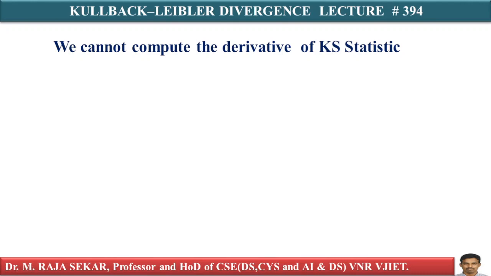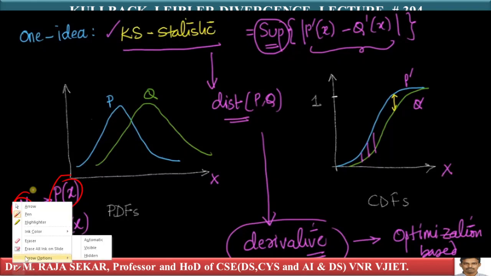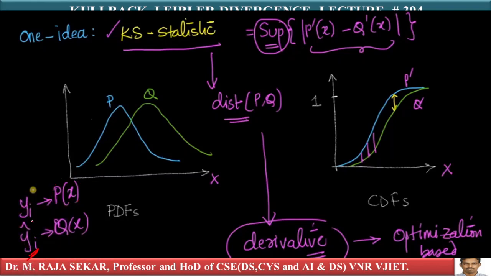Imagine if my model returns a PDF, imagine my yi is actually a PDF. Let me assume my yi is the probability density function P of x, and yi hat is the predicted density function, which is Q of x.